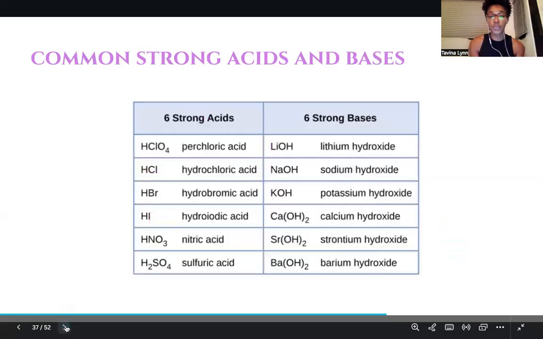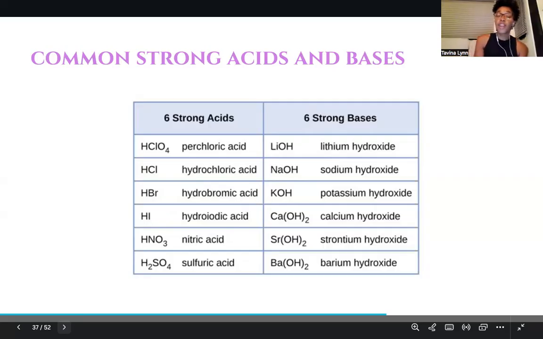To conclude, here is a list of some common strong acids and strong bases that you should be familiar with, whose percent ionization is thought to be 100% because they completely ionize.